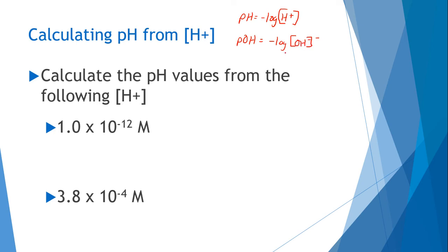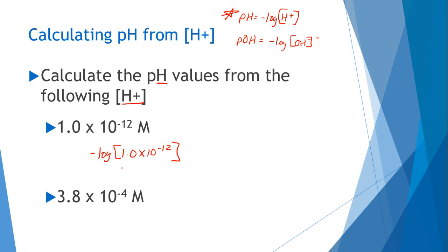So if you ever see problems like this, where the concentration equals a value here, you can do a direct equation. So here I have my H plus, I'm trying to find my pH, so I can use this first equation. And I can plug this in. Negative log of 1.0 times 10 to the negative 12th.